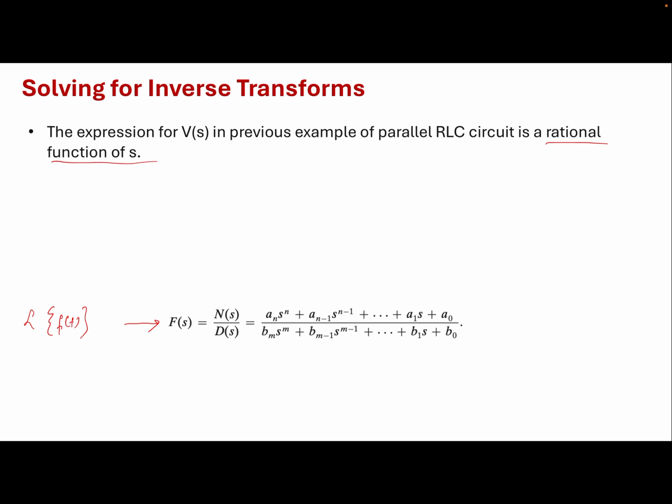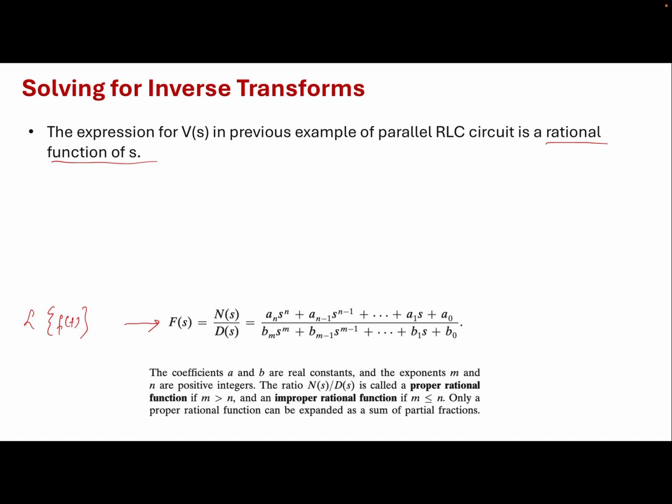If you will convert that into the polynomial way on the numerator and denominator, you're going to get some powers of s in the numerator and some powers of s in the denominator. So a proper rational fraction is when your denominator s powers are bigger than numerators, right? So for example, if the denominator has a highest power of s, for example, s raised to power 4, and the numerator is s raised to power 2 or even 3, this is a proper rational fraction.